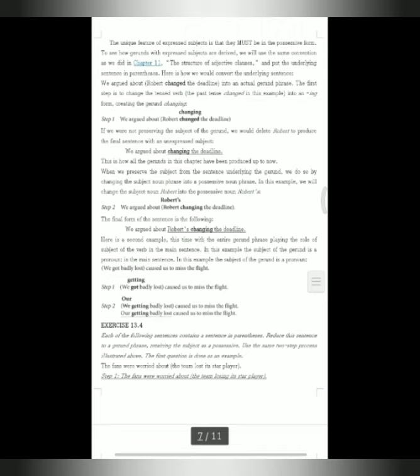If we were not preserving the subject of the gerund, we would delete Robert to produce the final sentence with an unexpressed subject. We argued about changing the deadline.